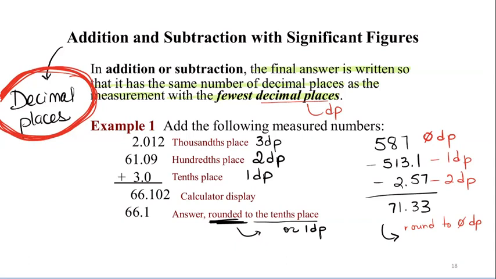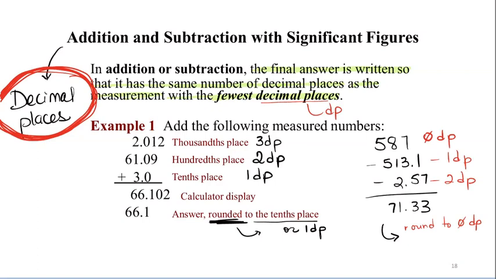Okay, I see your question. So remember that when we are adding and subtracting, we are not looking at the measurement and the significant digits that it has. We're looking at the decimal places that they contain. So if you had a number that has trailing zeros, like you just said, 500, you're not looking at it from the point of view of, oh, that's only 1 sig fig.